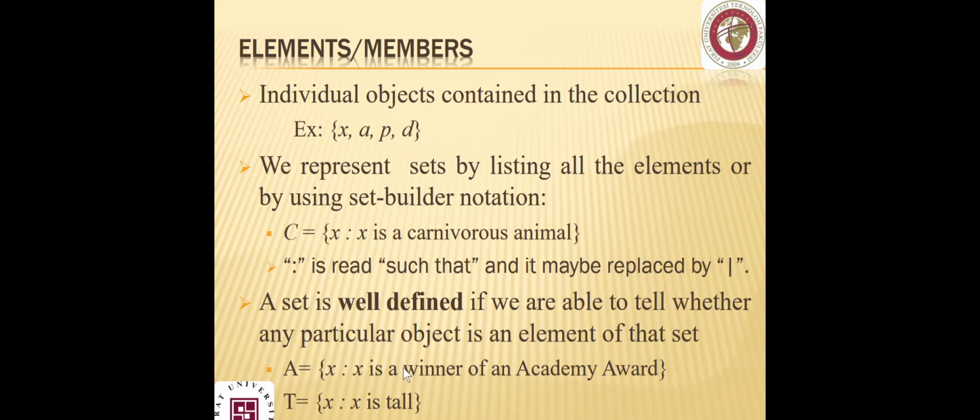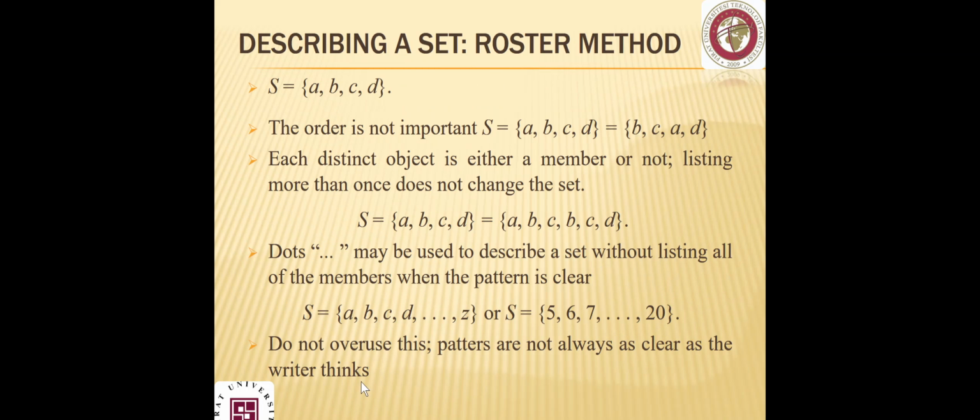For example, a set A is defined by X such that X is the winner of an Academy Award, or X such that X is tall, or X such that X is a software engineering student. So this is a well-defined set.